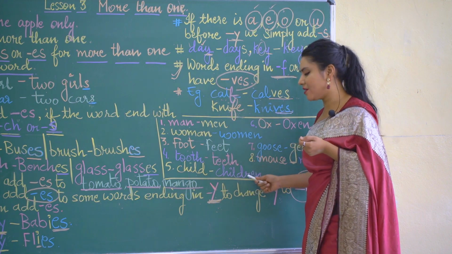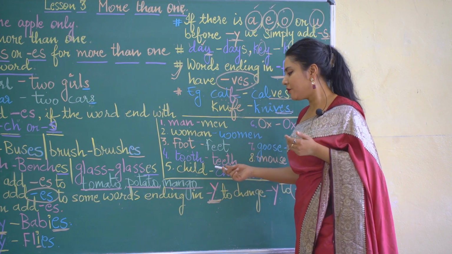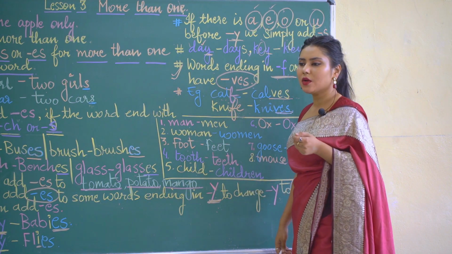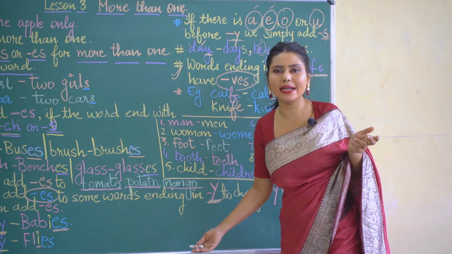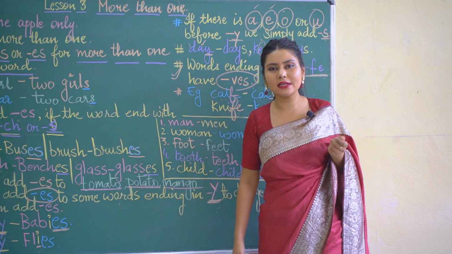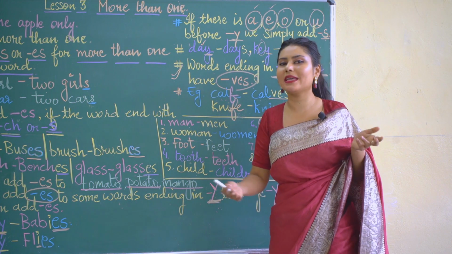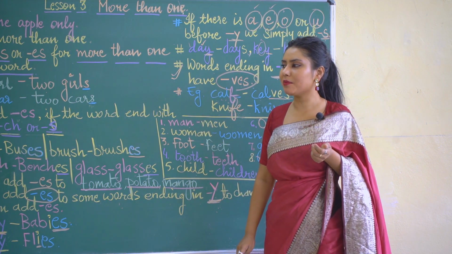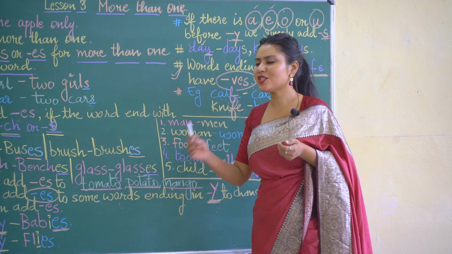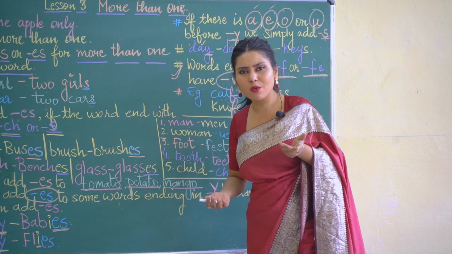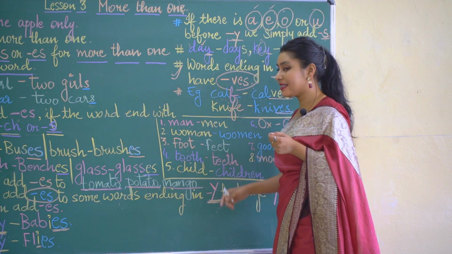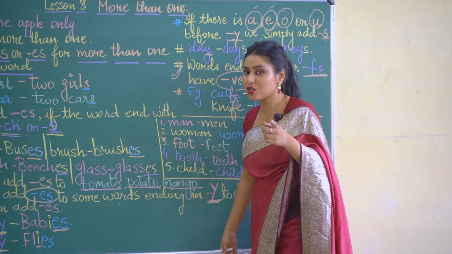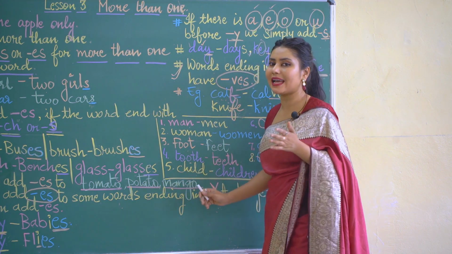Child will have children. I think you are more familiar with this word because we cannot say good morning child if there are so many of you in the class. If there's one boy or girl coming to me, I would say, yes child, come here, tell me, what do you want? So if I am dealing with one child, I will call that one child as child.